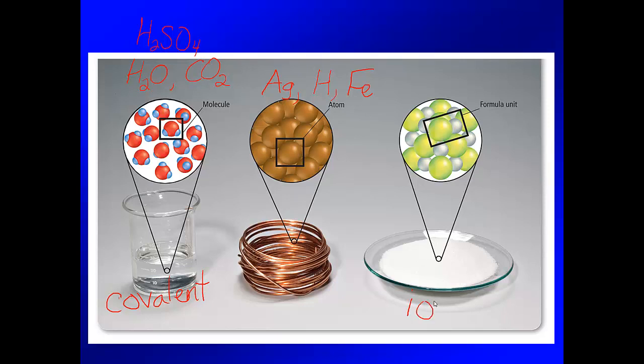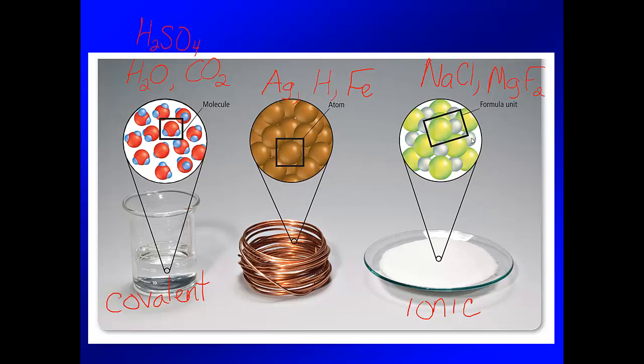Now if I have an ionic compound, like table salt, sodium chloride, or magnesium fluoride, metals and nonmetals make ionic compounds. We just call them a formula unit. It's just different vocab based on the kind of compounds.